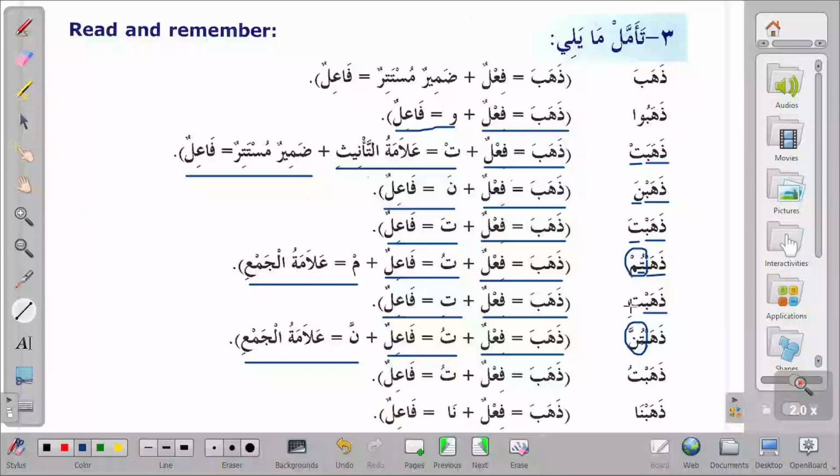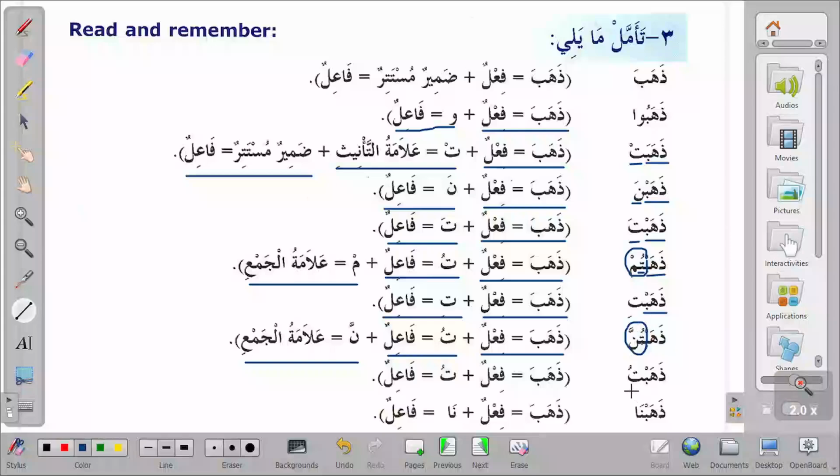The only case in which the ta is not the doer is when it is having the sukun, like zahabat. When it is having the sukun, we say this one is the sign of femininity. It counts for alamatu ta'nis. So that's the only case in which the ta is not the doer. But in the rest, the ta is the pronoun.